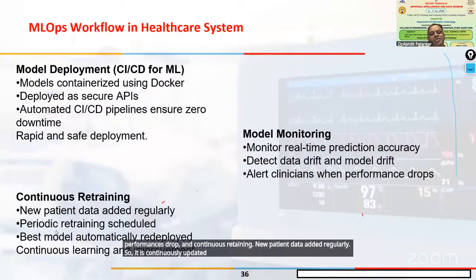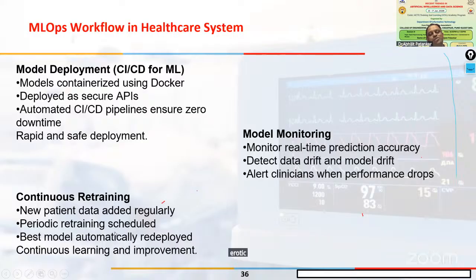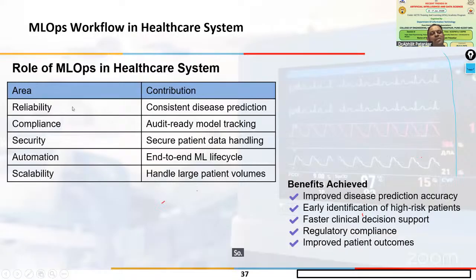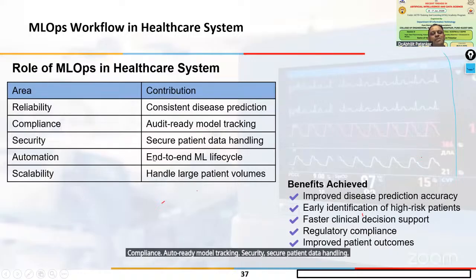New patient data, periodic retraining, scheduled, best model automated deployment, continuous learning and improvement, so that it is getting trained and updated. So the role of MLOps: reliability, consistent disease prediction; compliance, audit-ready model tracking; security, secure patient data handling; automation, end-to-end ML life cycle; and scalability.